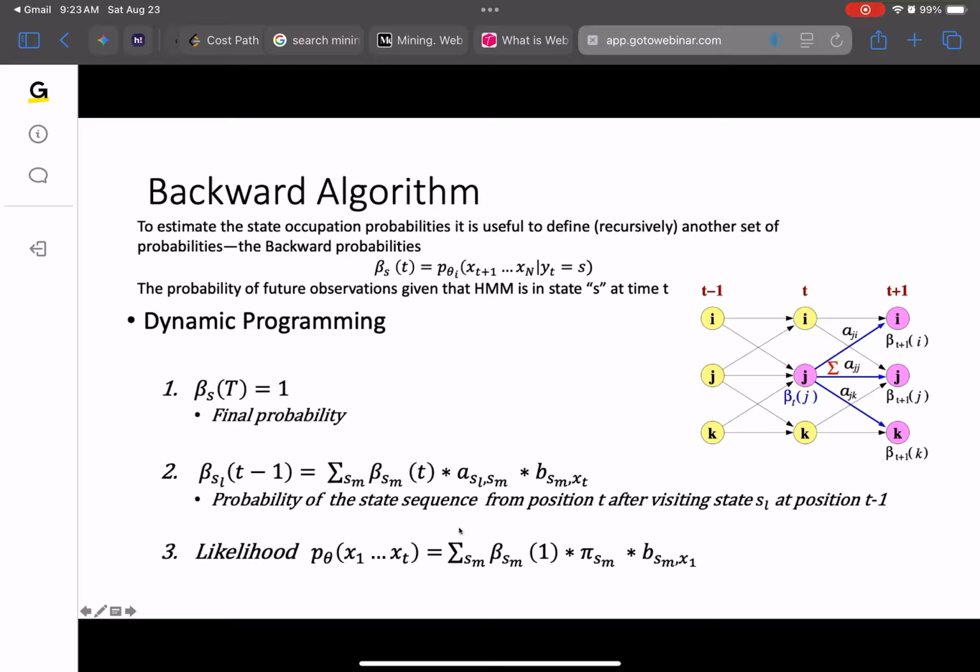We can also compute the likelihood using the backward probabilities with this equation, which is a summation over all possible betas in the initial state, the initial state probability values, and the corresponding emission probabilities.